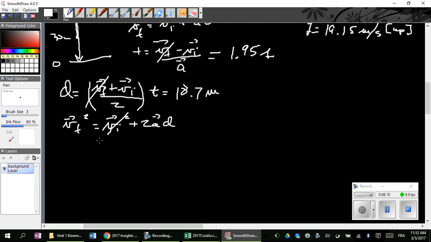And we'll land right on V initial in Y. So it'll be 2 times 9.8 times my distance, 48.7 meters, which will give me 2 times 9.8 times 48.7, and square root that.